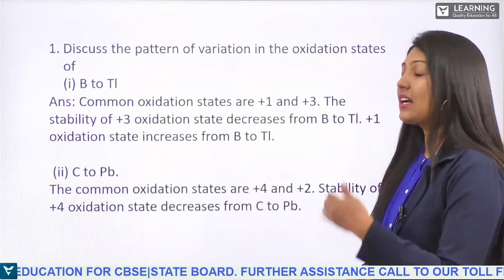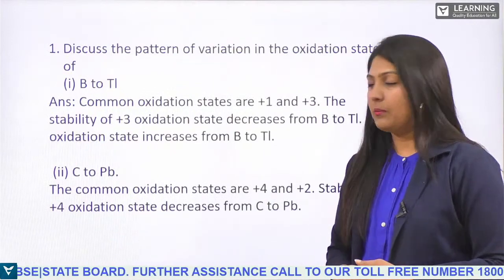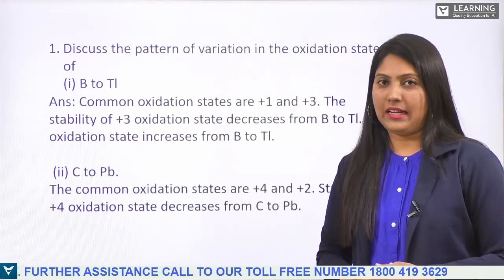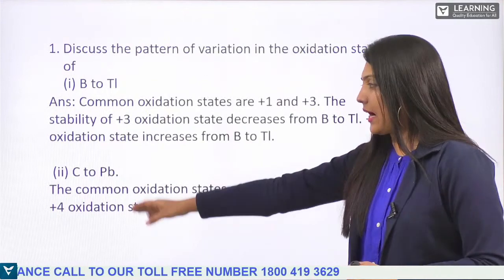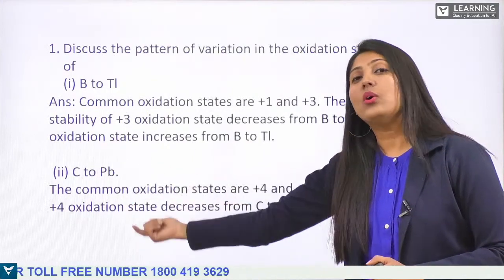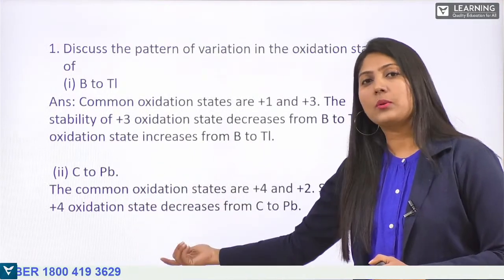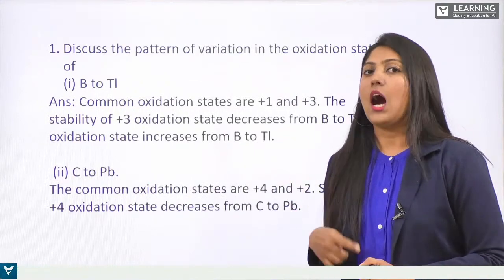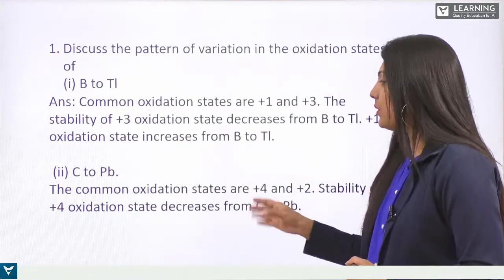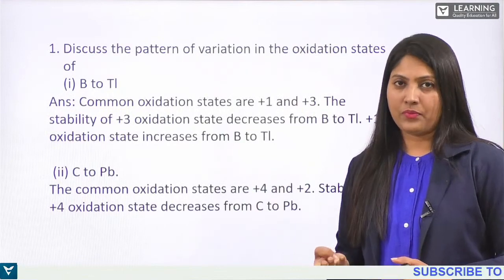The next one, carbon to lead. Pb is the symbol for lead, plumbum, right? So carbon to lead, it is the 14th group element. We know 14th group elements have 4 electrons in the outermost shell. So here the common oxidation state will be +4, right?